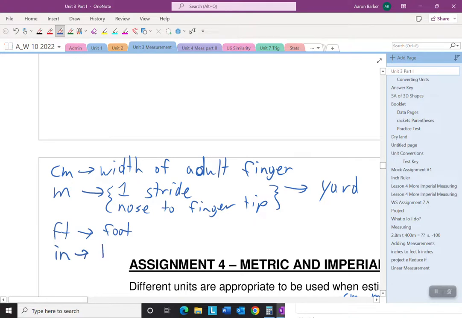For an inch, it's usually, I'm having trouble talking here today, your thumb fingernail to the first knuckle.